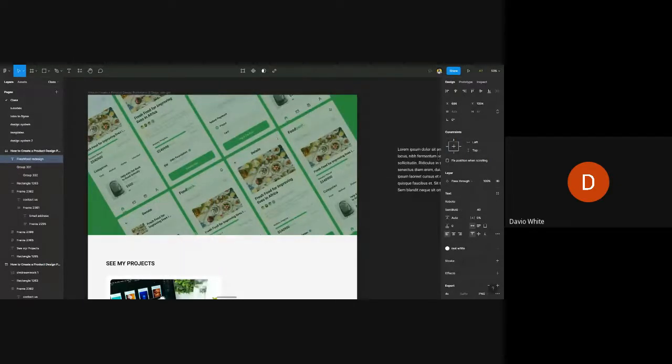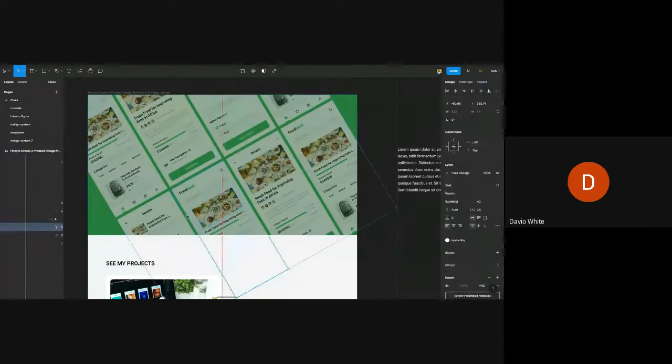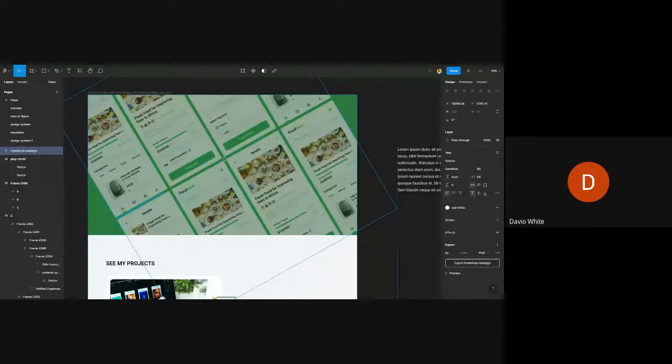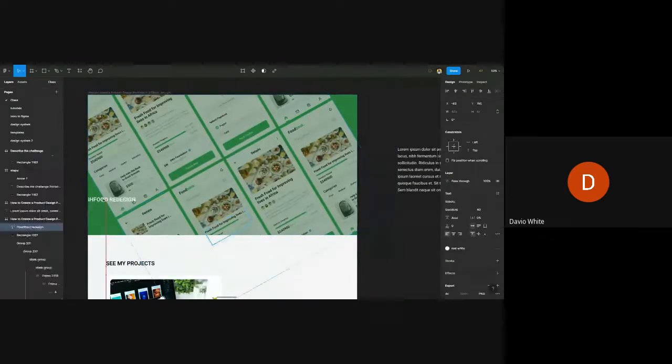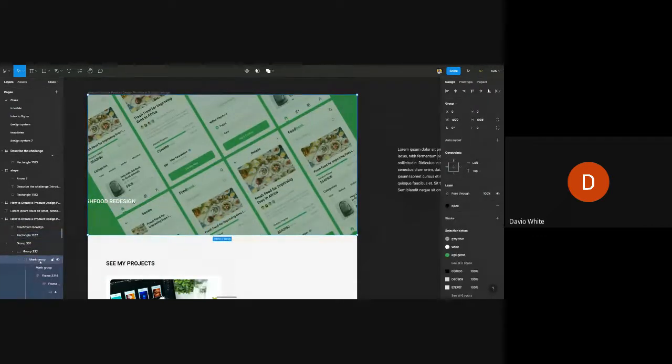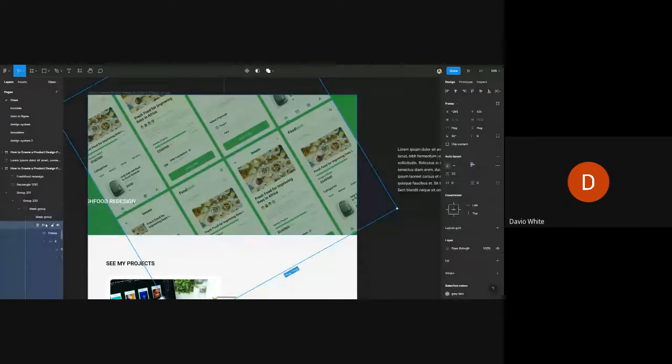I hope this doesn't just stop. So layout.